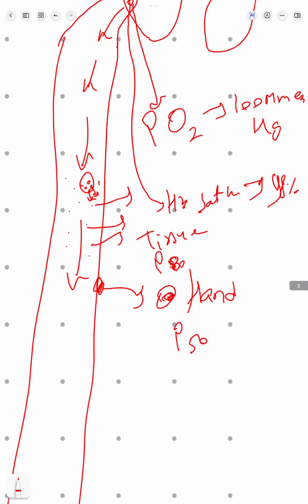At this point the hemoglobin saturation was 98%. By coming here, near this point, the partial pressure was 80, and the hemoglobin saturation came down to around 75%.